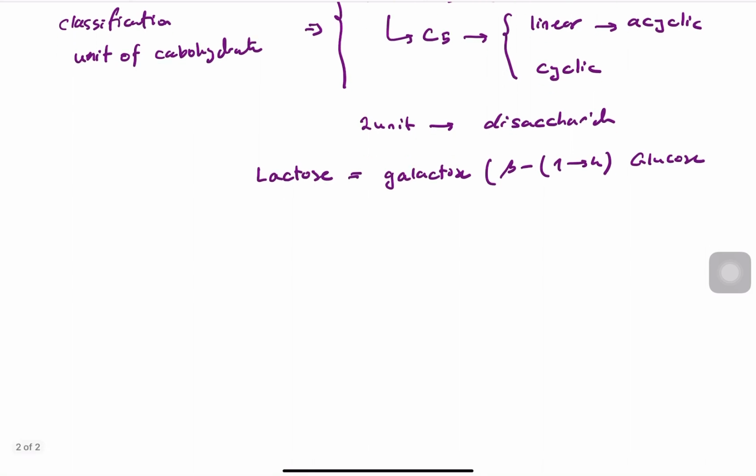For example, I can draw it in the cyclic form, and in carbohydrate biochemistry we usually use the D form, D-galactose and D-glucose. I use the cyclic form. This is galactose, the epimer of glucose. If you see the beta, here is the beta up, connected to carbon number 4 of the glucose.